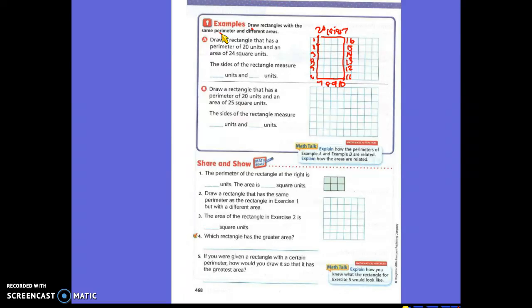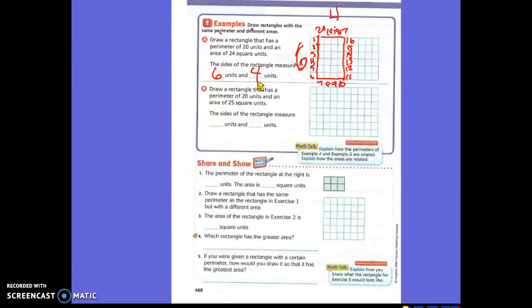We did 6 down, or 6 for the length and 4 for the width. And 6 times 4 is 24. On these sides, how many units is it? 6. And how many units is the width? 4. Okay, 6 and 4.